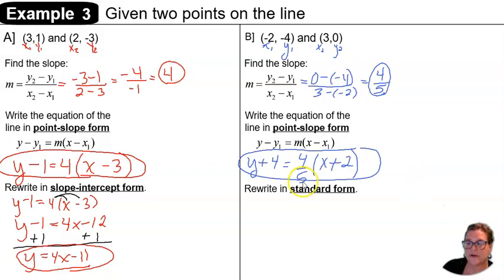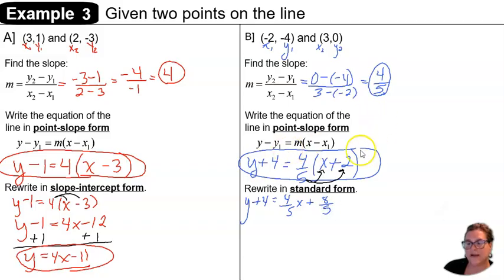And for standard form, we're going to start by distributing that slope over the parentheses in the binomial. So we have y plus 4 is equal to 4/5 x plus 8/5.